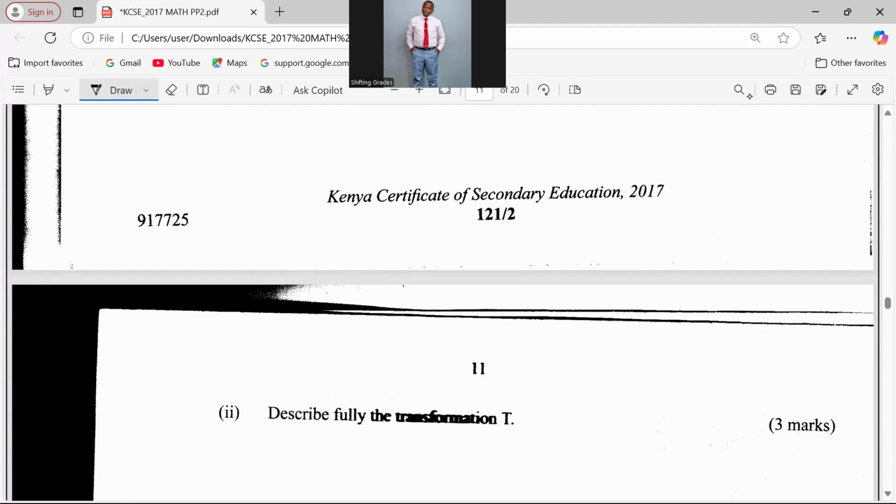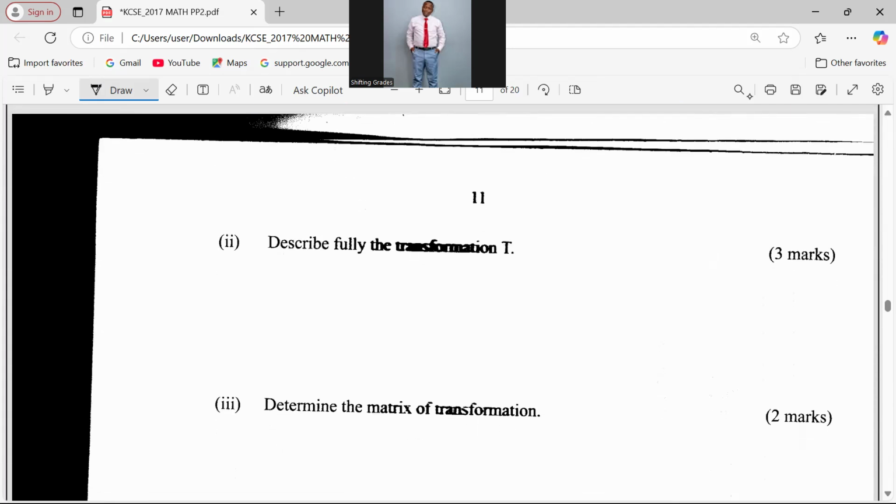A stretch is described by first mentioning that it is a stretch. Then we give the stretch factor, or rather the scale factor of the stretch.